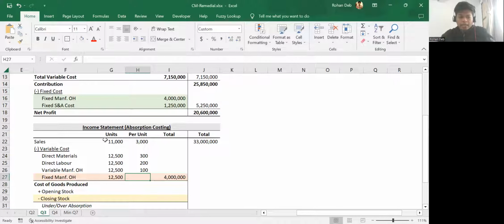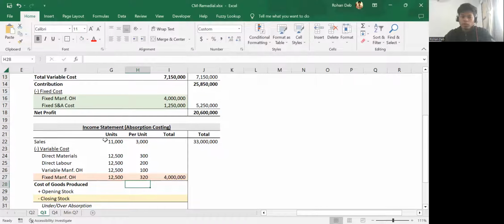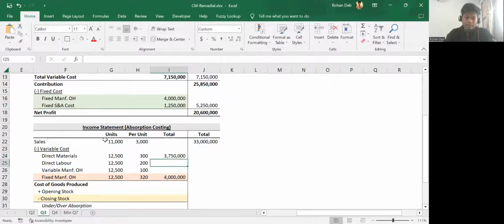Right now I can calculate an absorption rate. So this is basically 40 lakhs divided by 12,500, which gives me 320 rupees of fixed manufacturing overhead. I'll just multiply this quickly. This multiplied by 300 and down. Okay, so this is the total cost of goods produced.